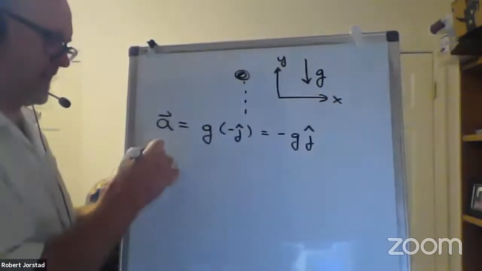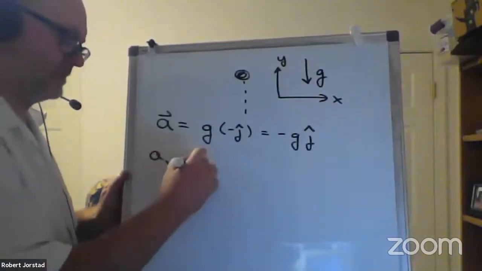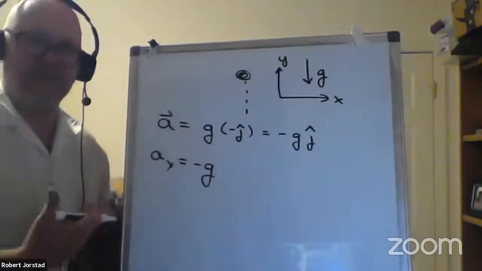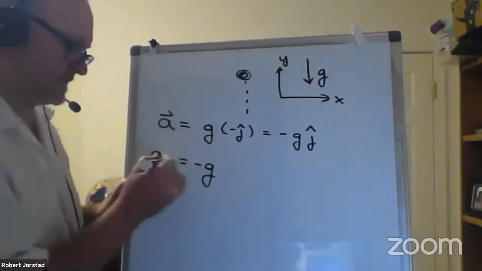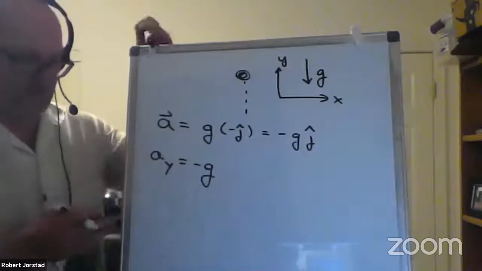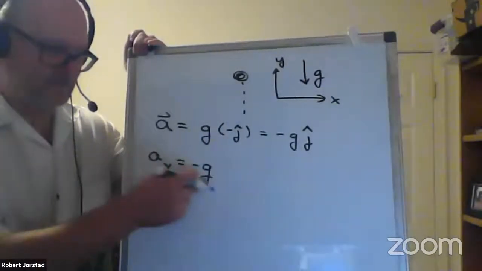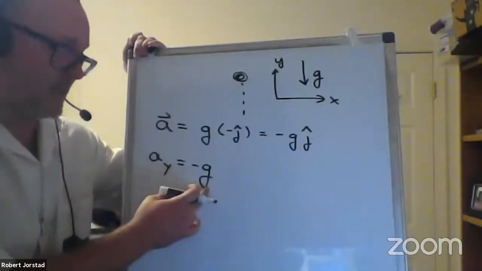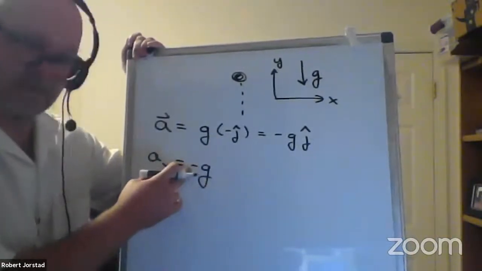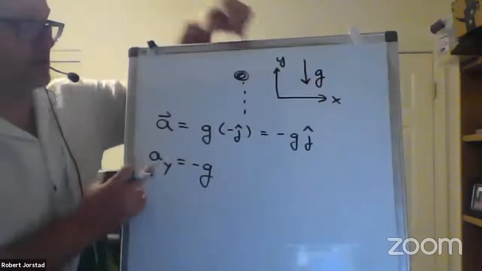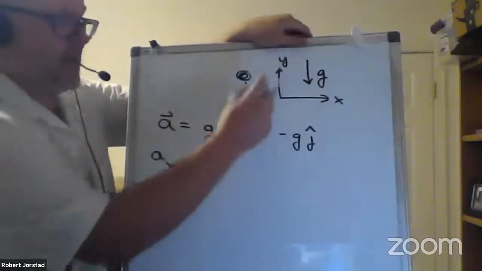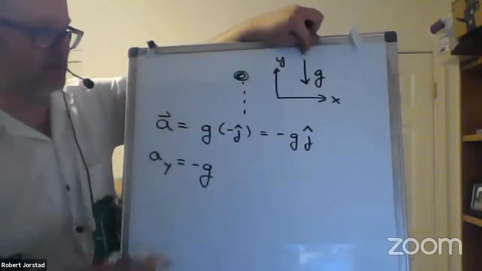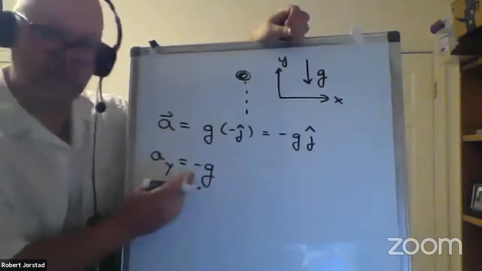So sometimes we'll write this as a_y equals negative g. I want to point out that a and g are different. a depends on the magnitude and the coordinate system direction. Here, because the coordinate is up, a_y is g in the negative direction. That's why you get this negative g.